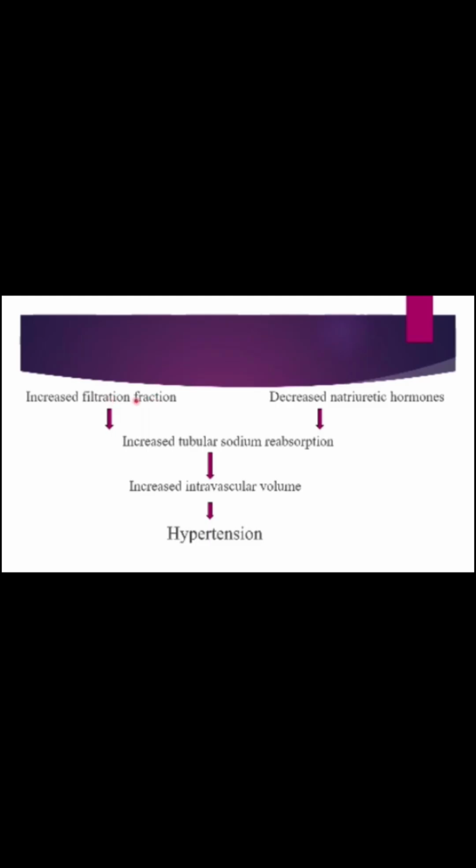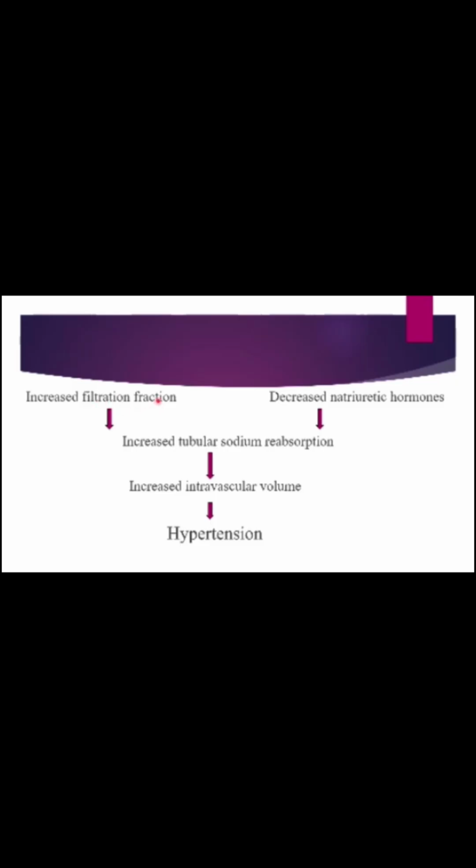So what is filtration fraction? It is the fraction of the renal plasma flow, or RPF, that is filtered across the glomerulus. The equation of filtration fraction is: filtration fraction equals GFR, glomerular filtration rate, divided by RPF, renal plasma flow. If GFR is normally 120 ml per minute and the RPF is 600, that means an average of 20%.